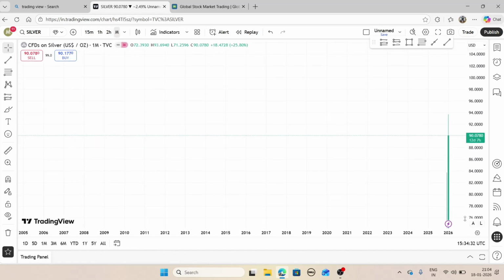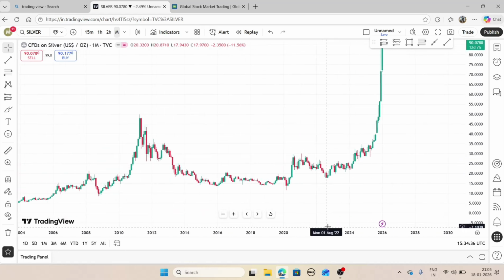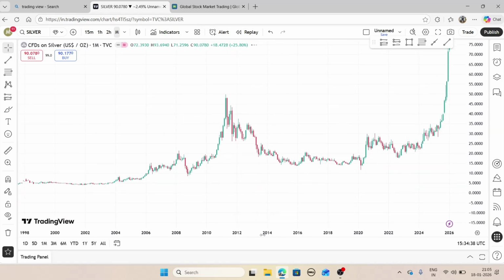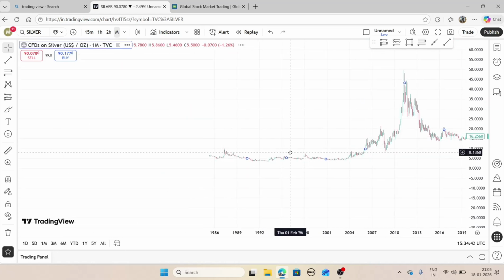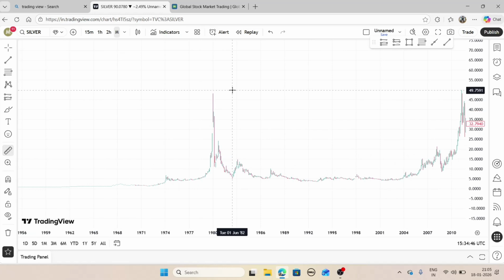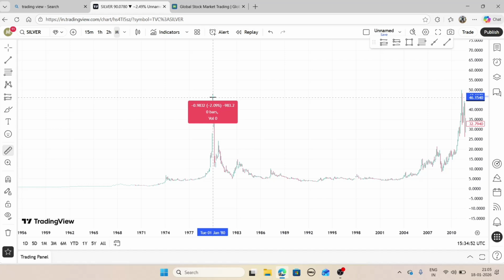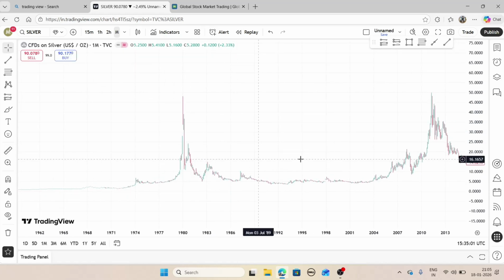As you know, whenever silver has made its all-time high previously in history, after that it has crashed by 60%, 70%, 80%. Let's take an example here. In 1980, it went to around $47 per ounce, and afterwards it crashed by around 89%, that is around 90%.